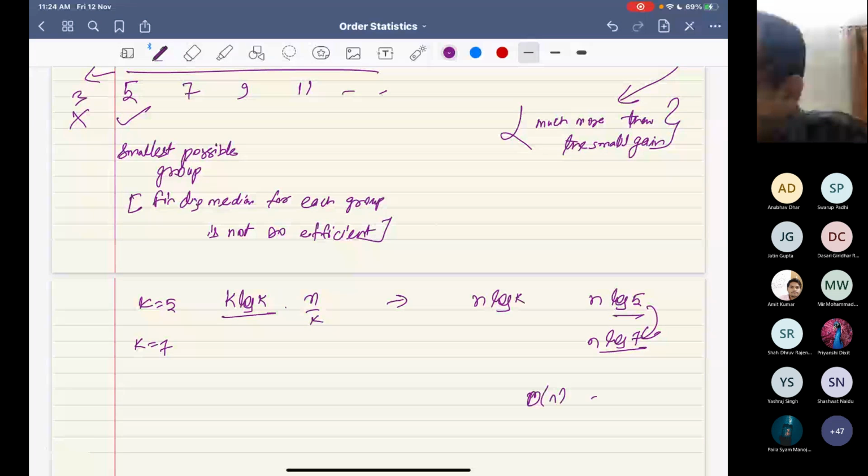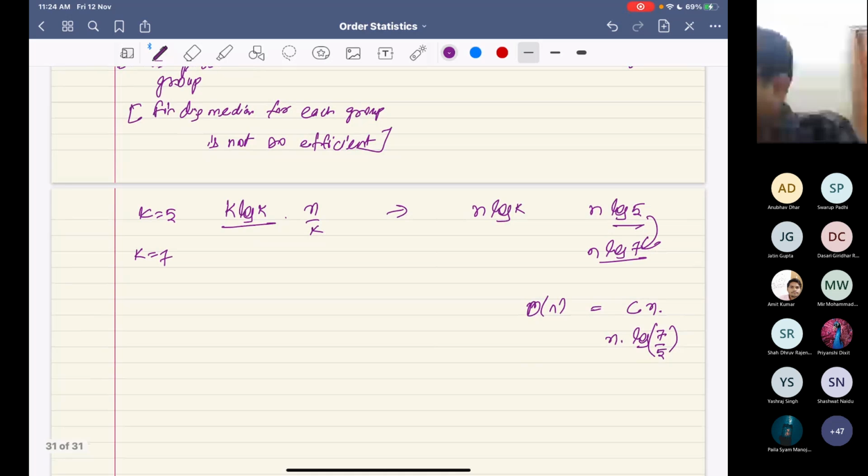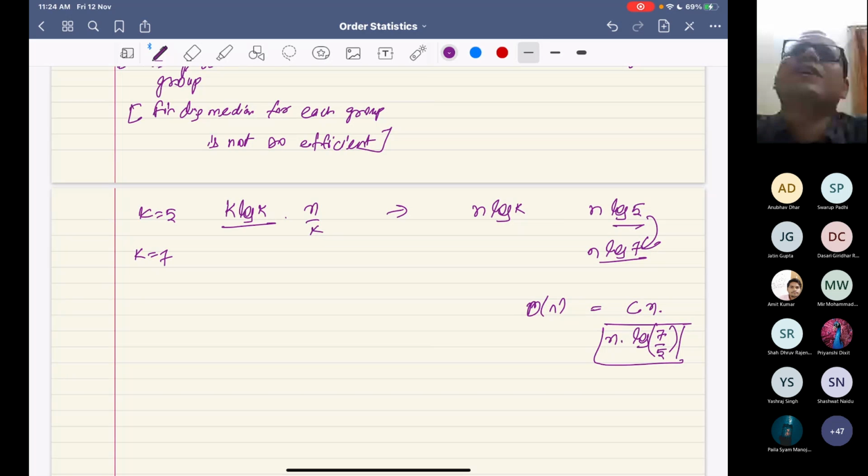Order n is equal to some Cn, right? So you are going n times log 7 by 5. That much you are increasing your time complexity. And of course, we can do an analysis of how much gain you get in the other part.